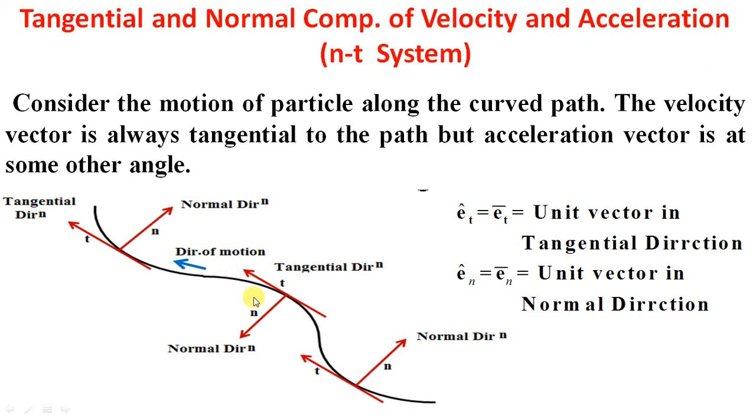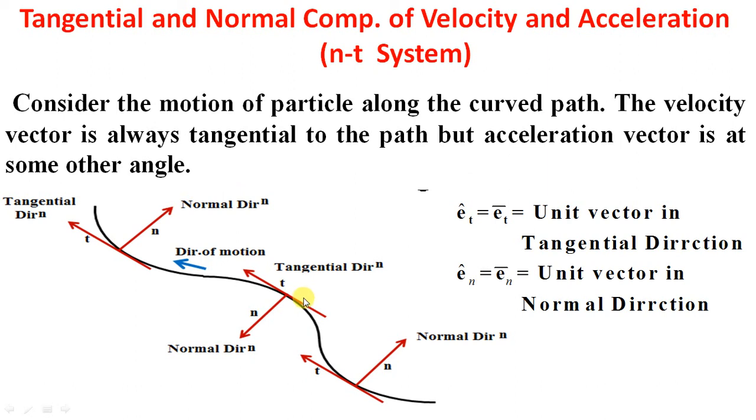In that case, the velocity of that vehicle is always tangential to the path. The normal component of velocity is directed towards the center of the curvature. So my dear friends, always remember that in the case of tangential and normal components of velocity, that is the NT system, the velocity is always tangential to the path and the normal component of that velocity is always equal to 0.